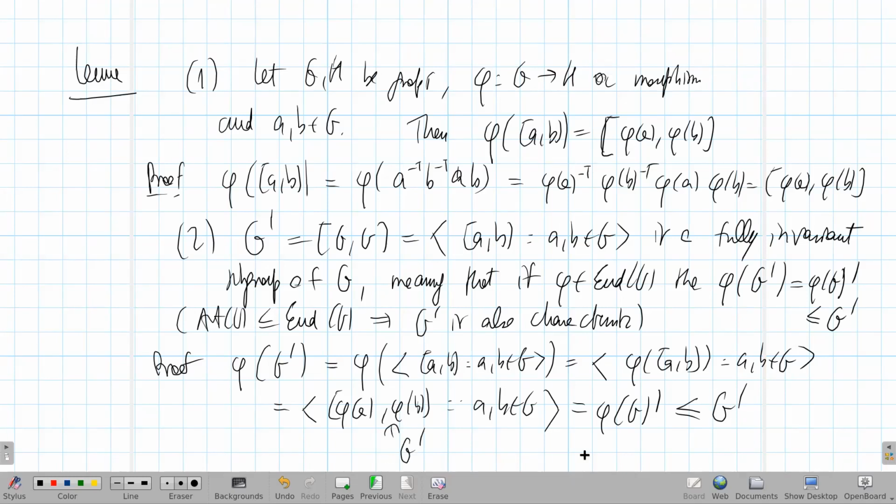This might be smaller. For instance, if phi is the endomorphism that sends everything to 1, this is 1. But since it's generated by commutators, it has to be contained. So before the exercise, I'll try and remember.